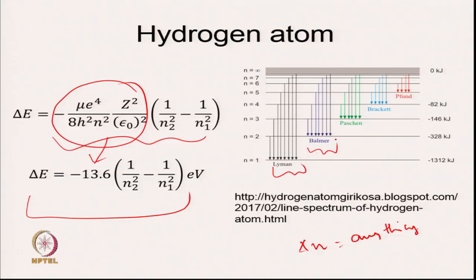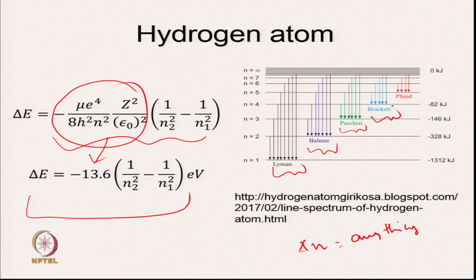The second one is the Balmer series. It corresponds to transition between higher energy levels to n is equal to 2. Similarly, the Paschen series corresponds to transition between a higher value of n to n is equal to 3.